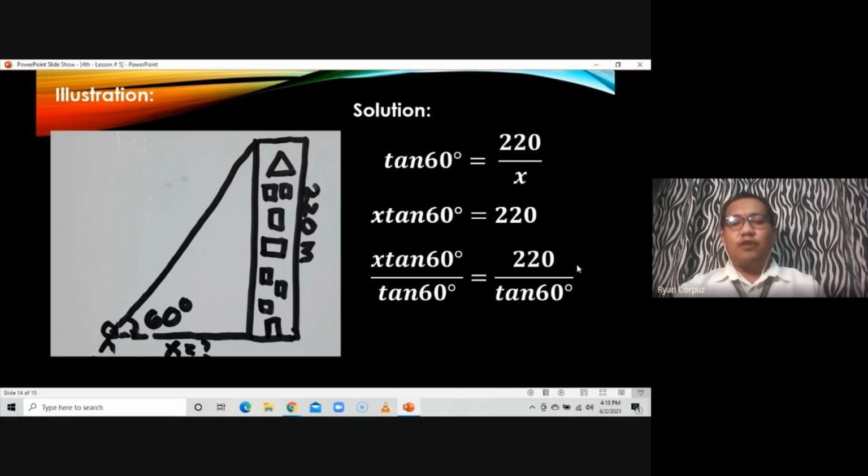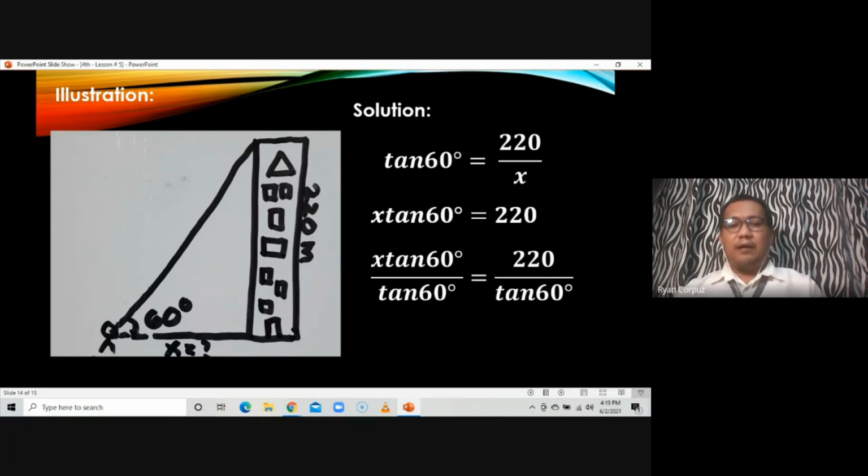Then again, on your scientific calculator, just follow what I'm going to mention that you have to press. So una, press 220, press divided by, press tan, which is the symbol for tangent, press 60, then press DMS for the degree, then press equals. So makukuha niyo value of x.